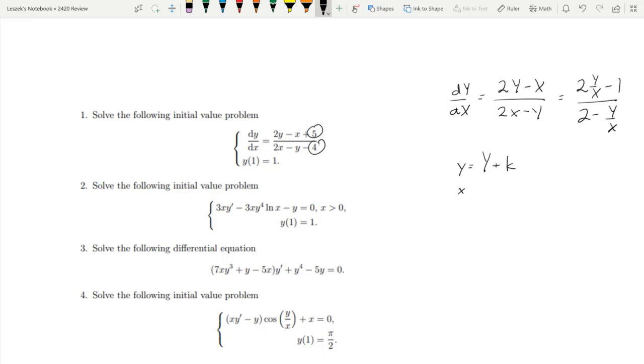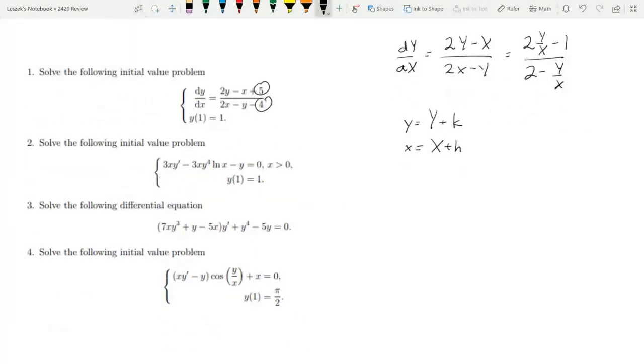And then the old x is replaced with the new x plus some amount, h. We compute dy, right? Because h and k are just constants, the differentials are going to remain the same. And then we substitute, in particular on the right-hand side, replace the old x and y. So you directly substitute for y and x.